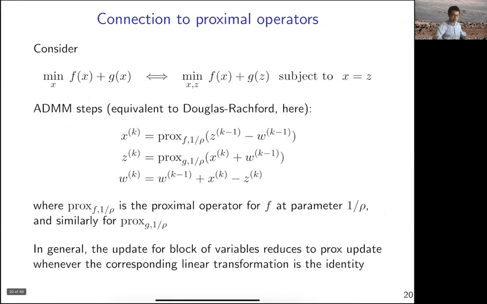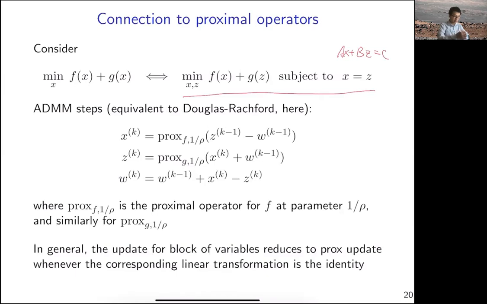To begin, recall that ADMM solves this type of problem, with a general Ax plus Bz equal to c. A special case of that would be to simply take x to be equal to z so that we can decompose two objective functions f and g. One of them might be smooth, the other might admit a fast prox operator.